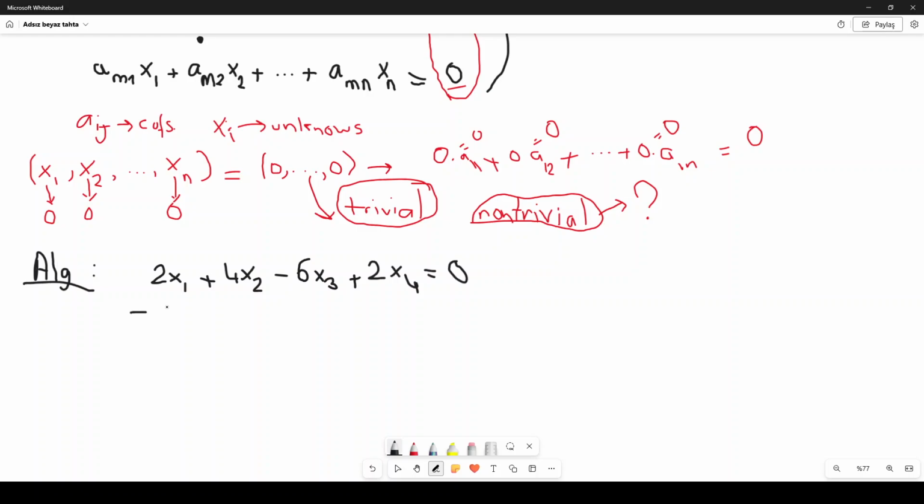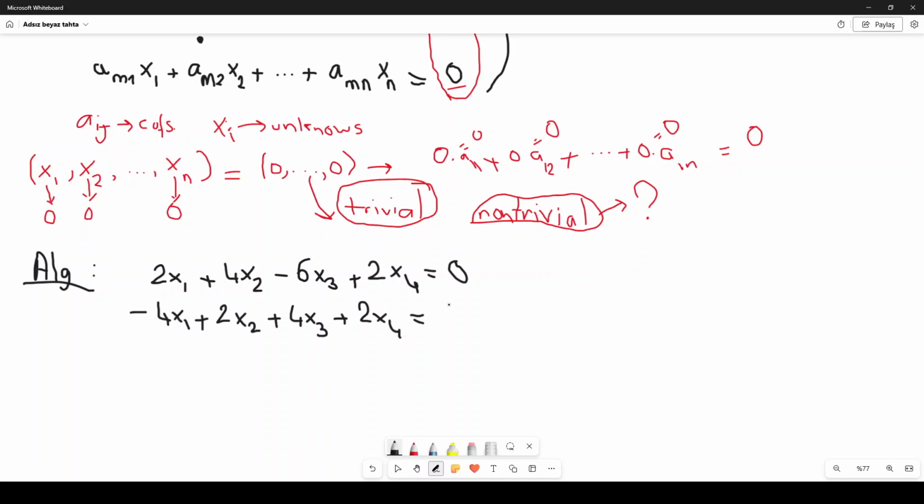Minus 4x1 plus 2x2 plus 4x3 and plus 2x4 is equal to 0.